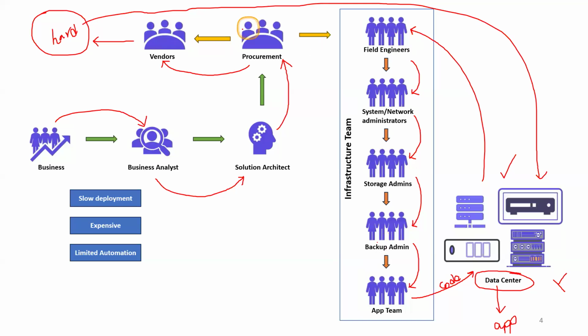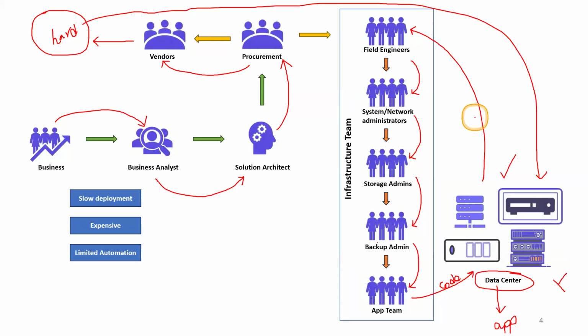Similarly, procurement team, vendors team, hardware purchasing and delivering, these things cannot be automated. Most of the steps, such as rack and stack, cabling, other deployment procedures, procurement or vendor activities, cannot be automated at all. They have to be manual. When it is manual, it will be slow.